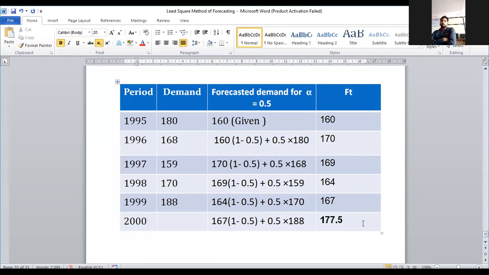But in exponential smoothing method, to determine the next period forecasting, we require the previous period actual demand and forecasted demand also.